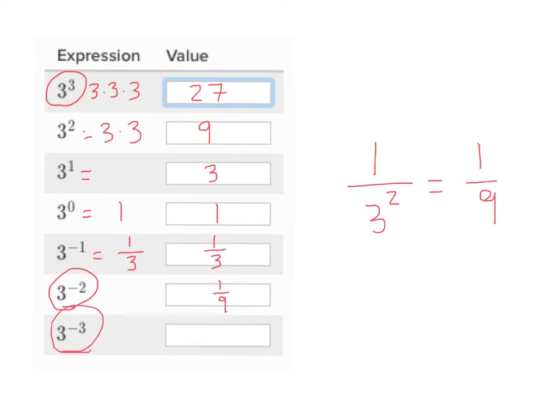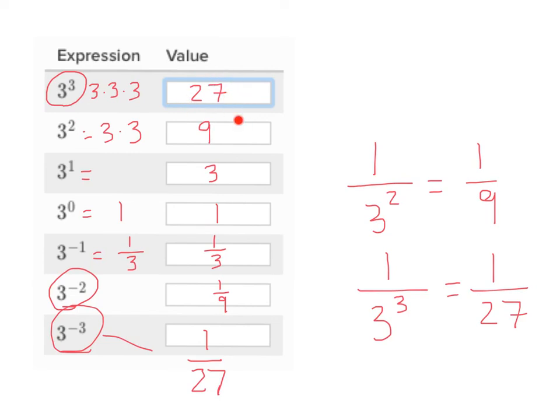And then right here, 3 to the negative 3 power means 1 over 3 to the positive 3, which is the same thing as 1 over 27. So this is 1 over 27. Okay? And now let's recognize the pattern. When I reduce the power from cubed to squared, what am I doing with my output?